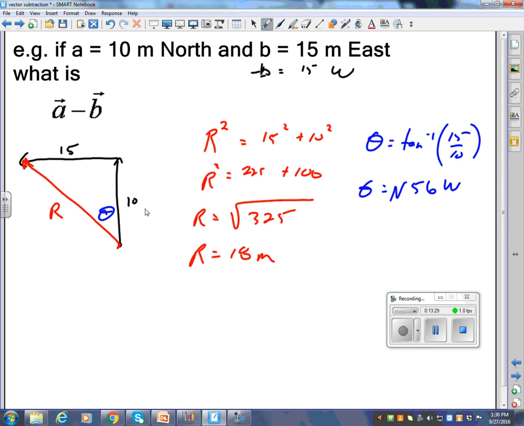If you didn't use the inverse tan function, you'd have to use a scale drawing and draw this to scale. But because it's a right triangle, you can do this process.